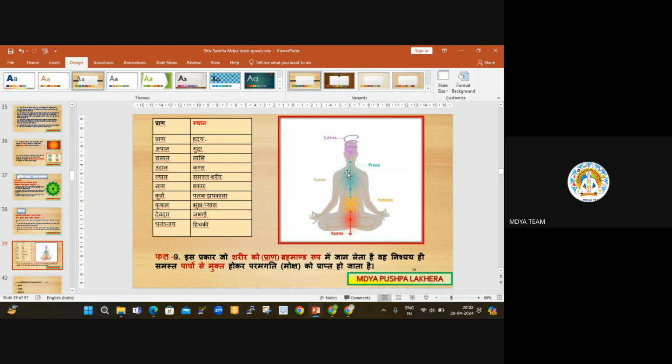That a 12-petal lotus is present in the heart region, and these 10 vayus flow there. When one knows this body in this way, that person becomes free from all sins and reaches the highest state. So these are the benefits of knowing the prana vayu, according to Lord Shiva.